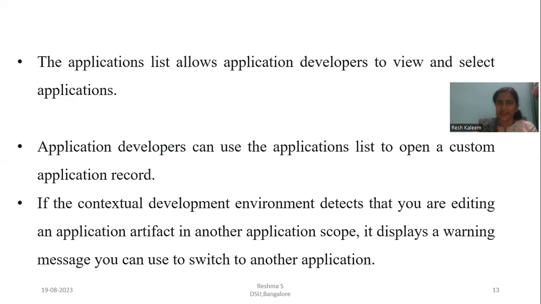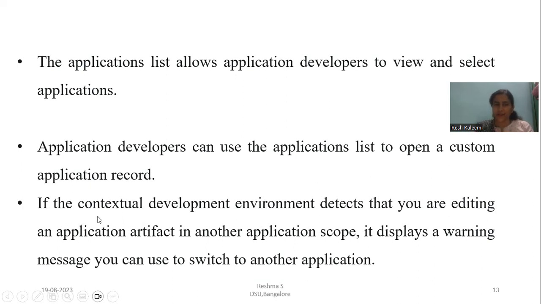As we are having these applications, to check the kind of application, we have a feature called application list. This will allow application developers to view and select the applications. Application developers can use the application list to open the custom application record.